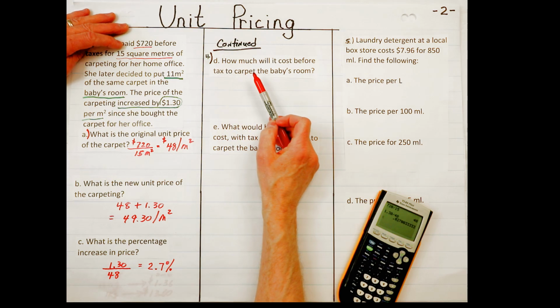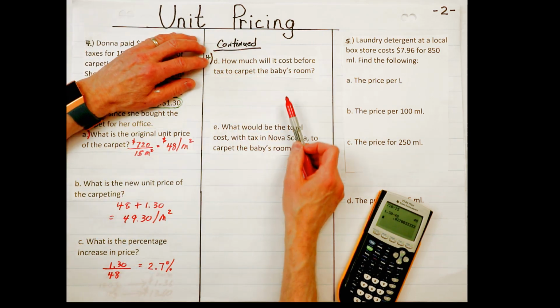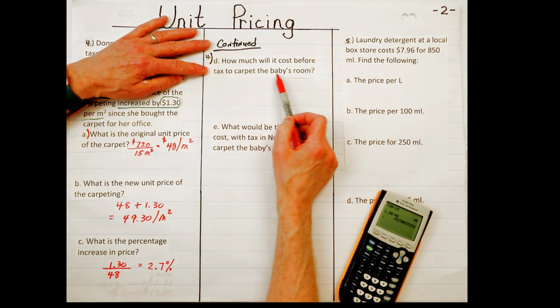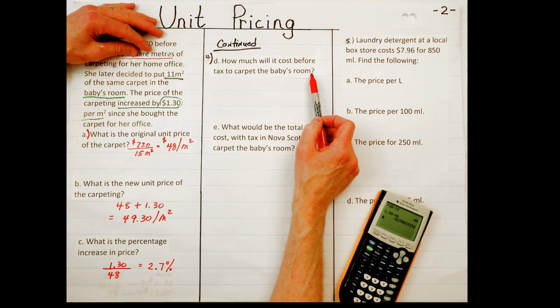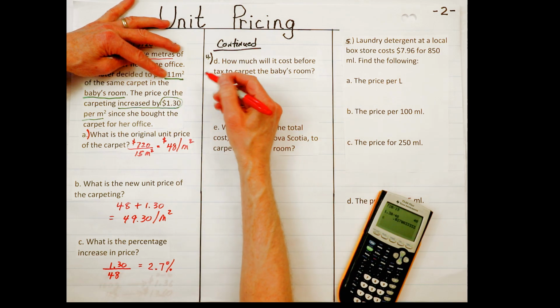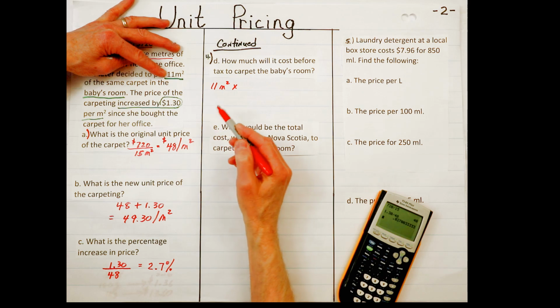Okay, so we're up here to part D. See what I mean? These aren't particularly difficult. It just takes a lot of space. How much will it cost before tax to carpet the baby's room? All right, so the baby's room is 11 square meters. And how much is she going to have to pay?